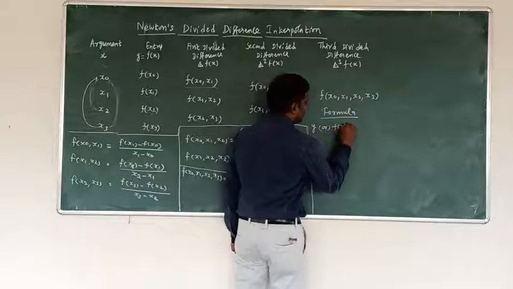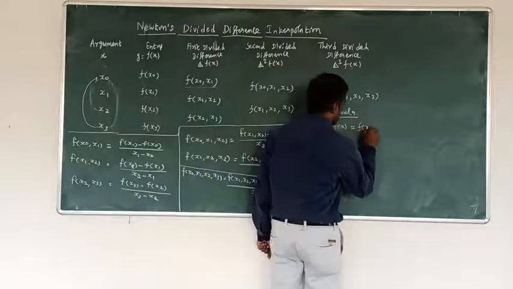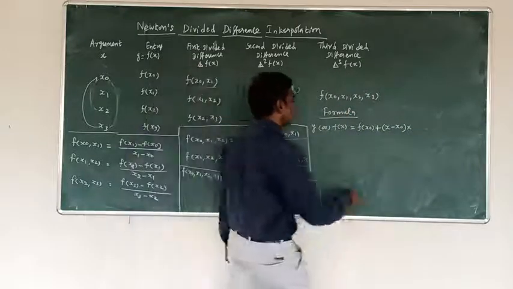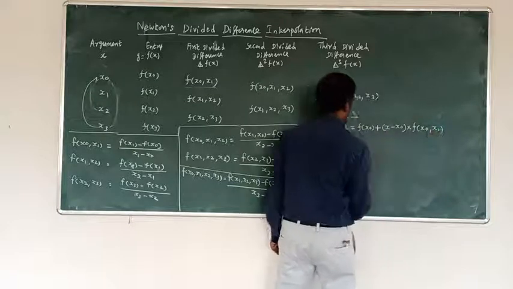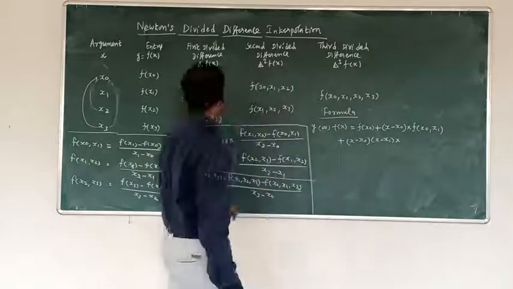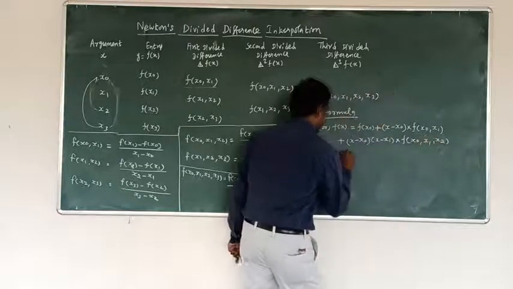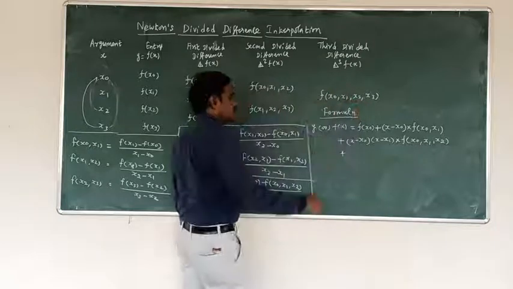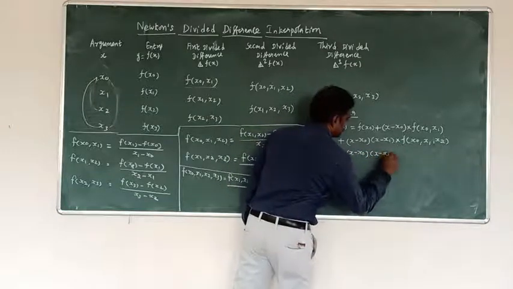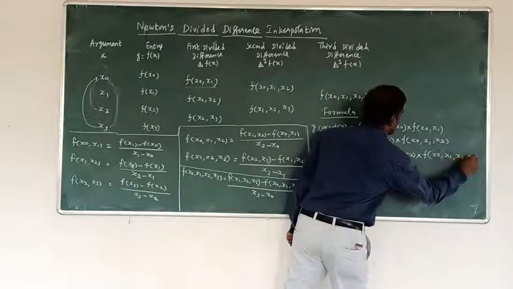Y or f of x equals f of x0 plus x minus x0 into f of x0 comma x1, plus x minus x0, x minus x1 into f of x0 comma x1 comma x2, plus we can extend the formula up to this one, x minus x0, x minus x1, x minus x2 into f of x0 comma x1 comma x2 comma x3.